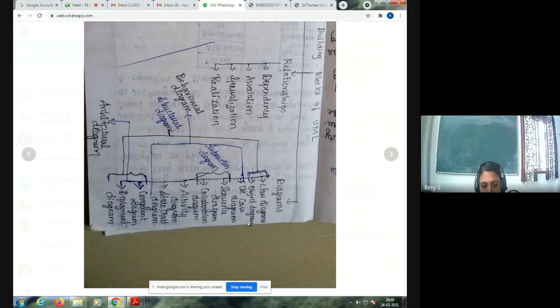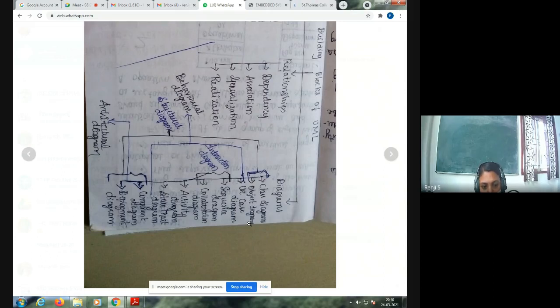Again, the same diagrams can be classified into 3, as structural diagram, behavioral diagram, and architectural diagram. Structural diagrams include class and object diagram. Behavioral diagrams are the same as we have said earlier: use case, sequence, collaboration, activity, and state chart diagram. The architectural diagrams include the component diagram and deployment diagram.